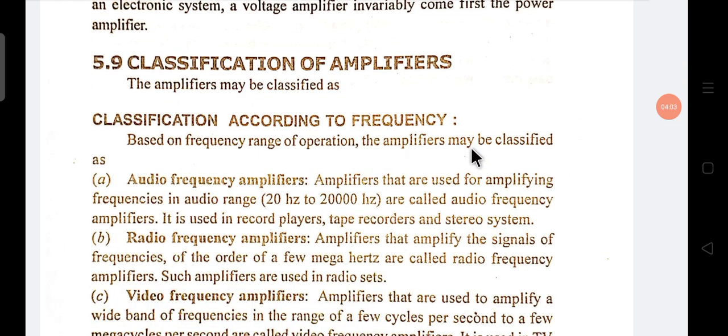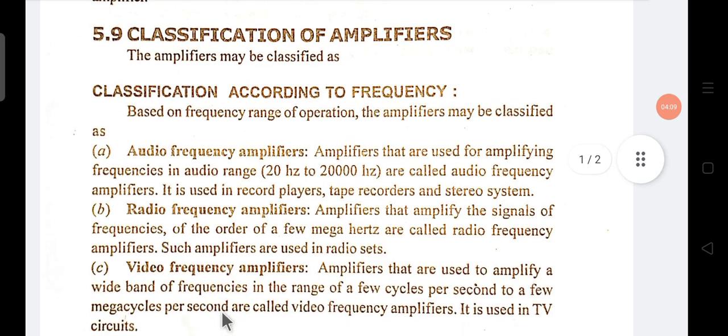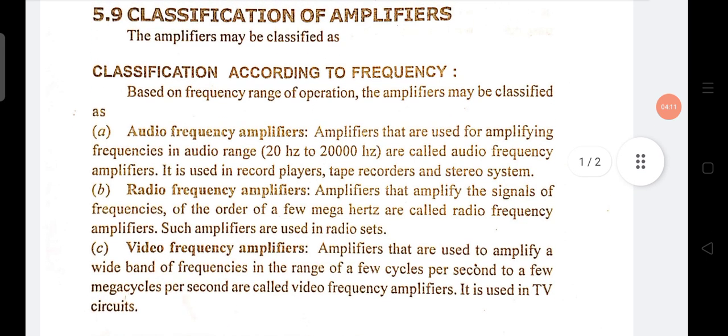The amplifier may be classified as audio frequency amplifier, radio frequency amplifier, and video frequency amplifier. There are three types of amplifier according to the frequency range at which the amplifier works.